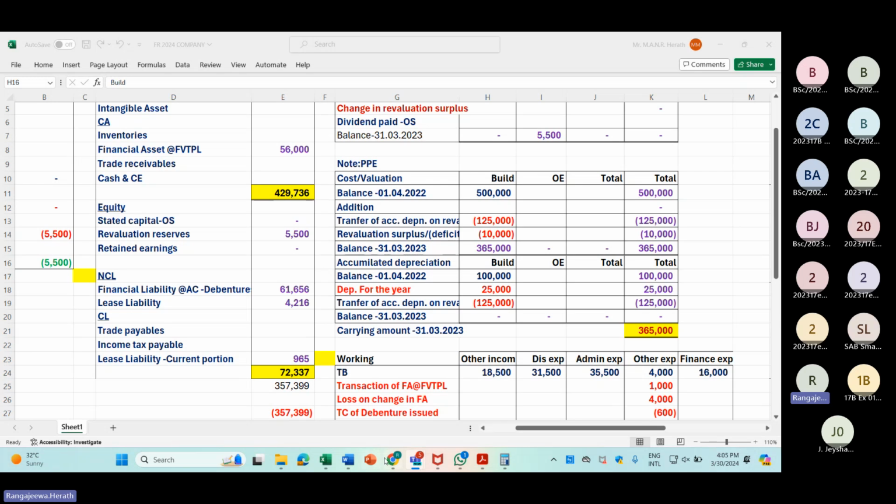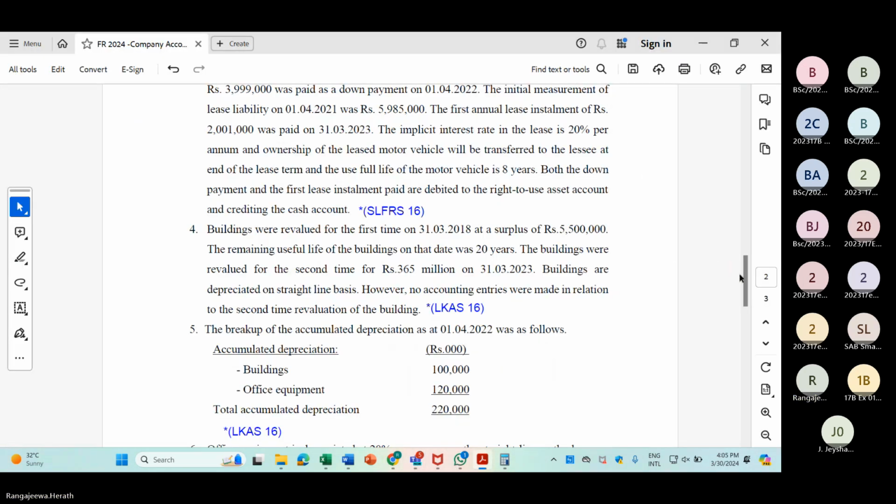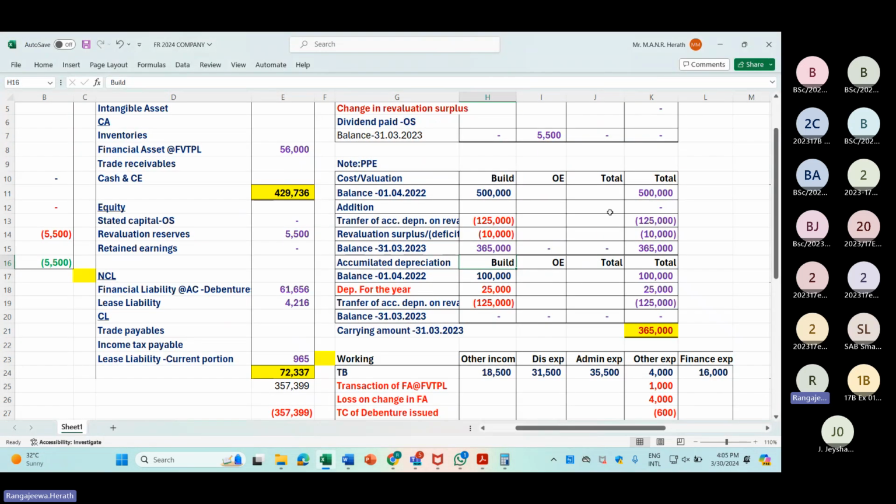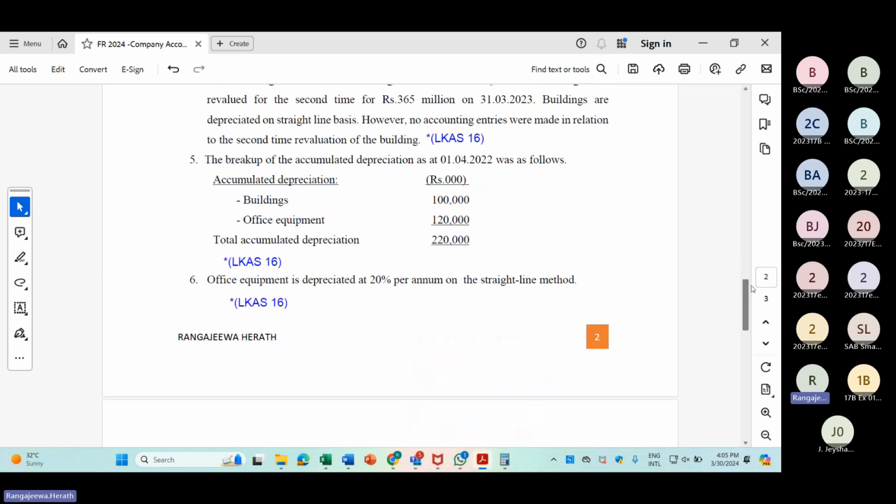Then we'll take office equipment. The office equipment opening accumulated depreciation balance is 120,000. And office equipment, there was addition to office equipment.